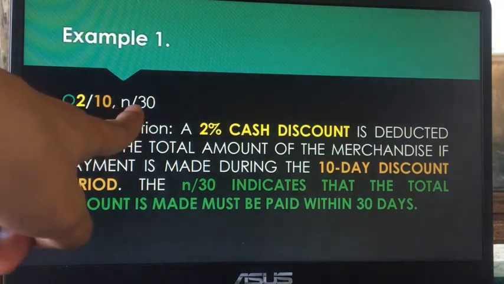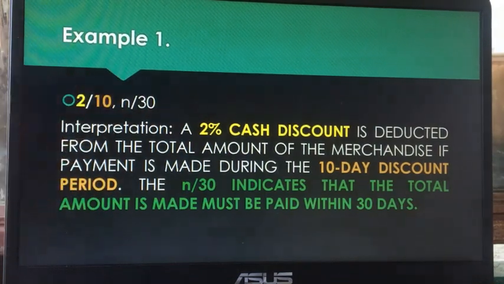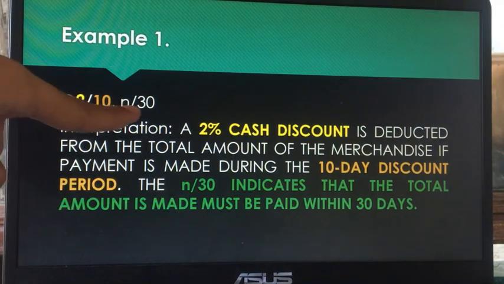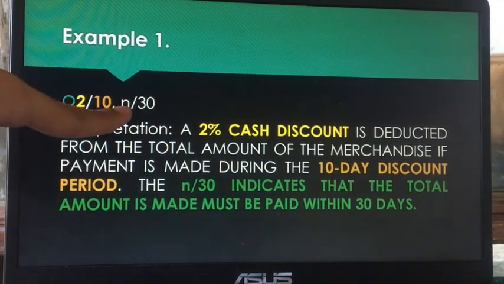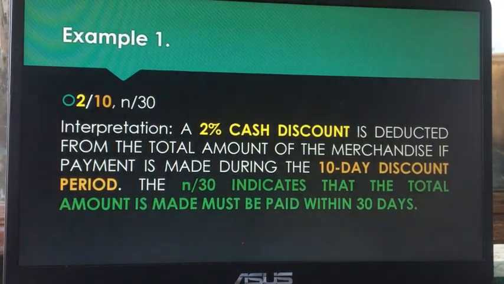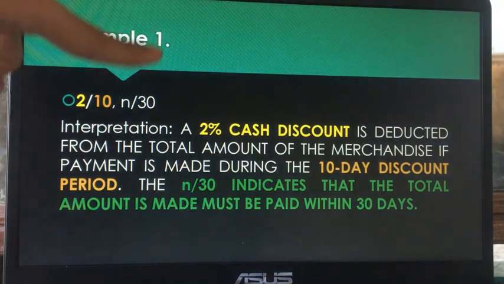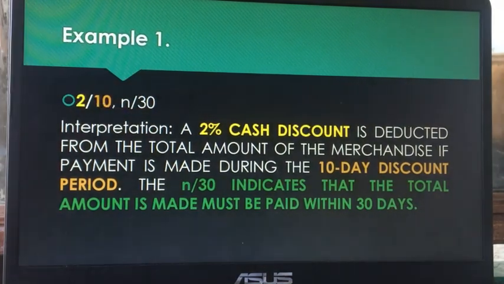Again, if the first part no longer applies to your cash discount, we proceed to the second part. If you encounter N, it means no discount is given to you. If you encounter 30, it means the first 30 days. That is already the overdue date.